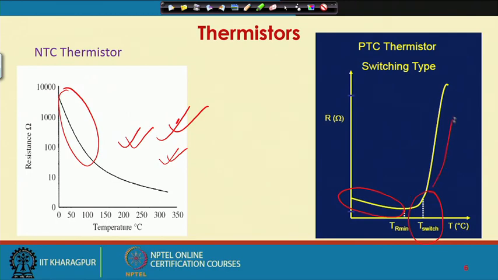After that switching temperature, with increase in temperature, the resistance increases similar to platinum, nickel, etc. So, these are switching type thermistors.